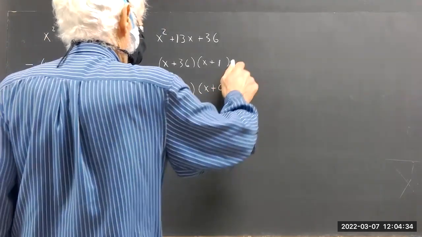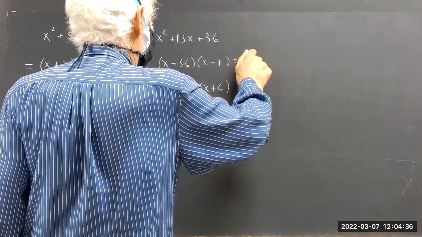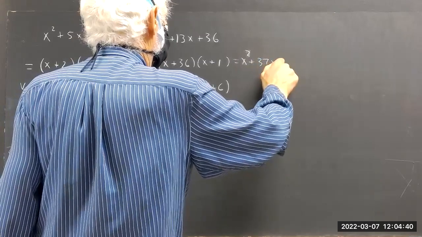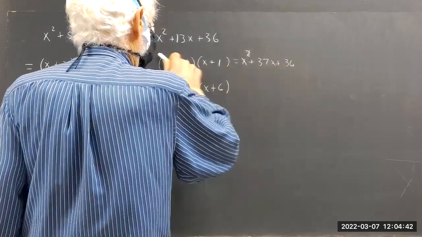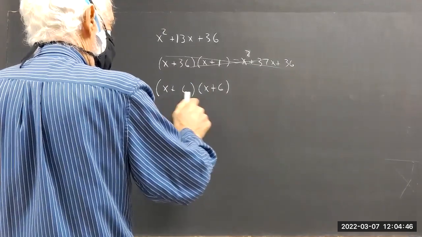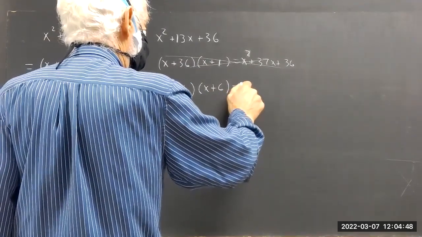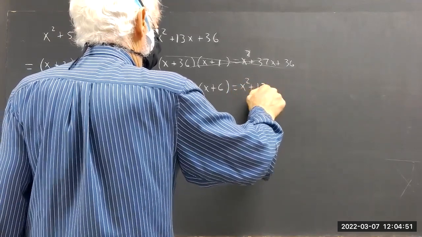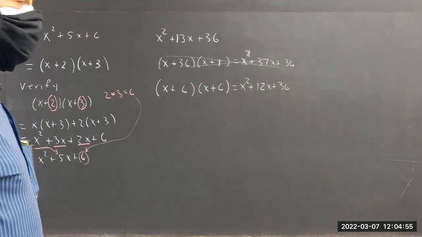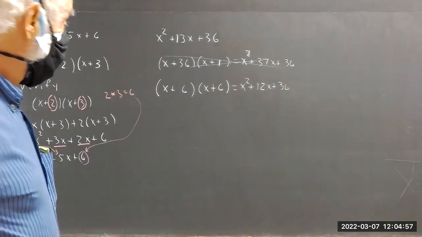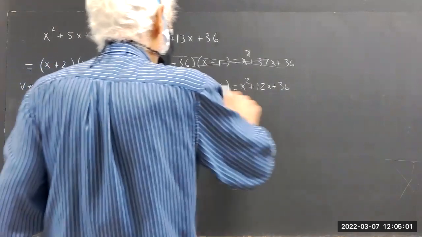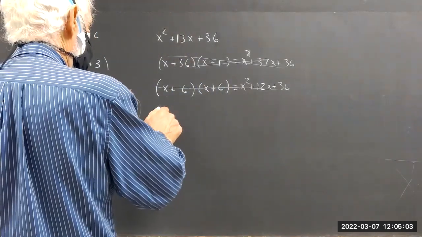So this equals x squared plus 12x plus 36. We're kind of getting close, right? That's a lot better. You have to check that one out. If it doesn't quite work, cross out that possibility.